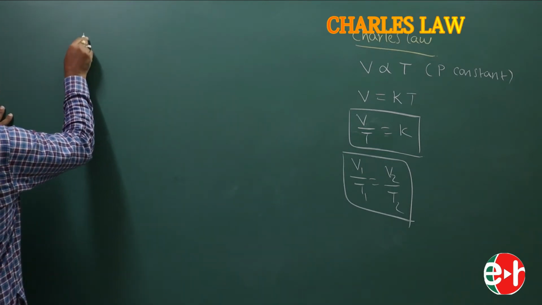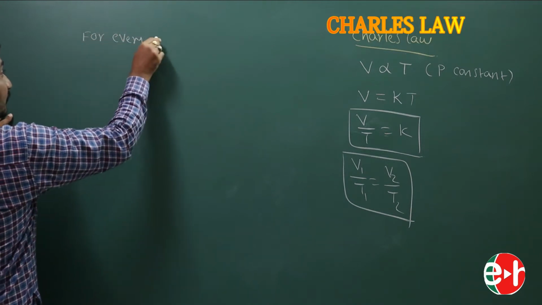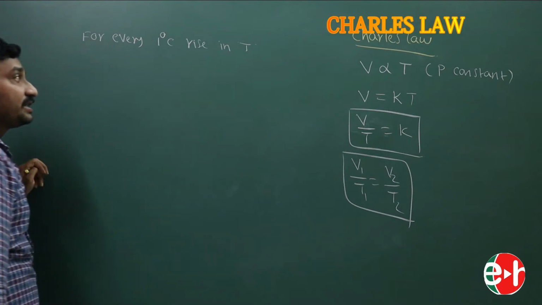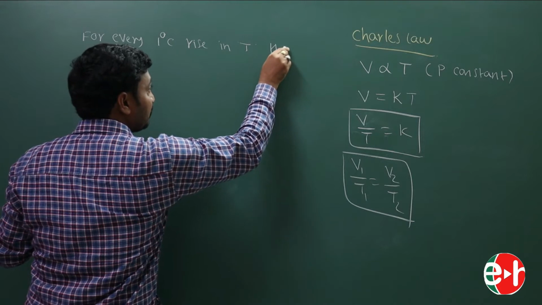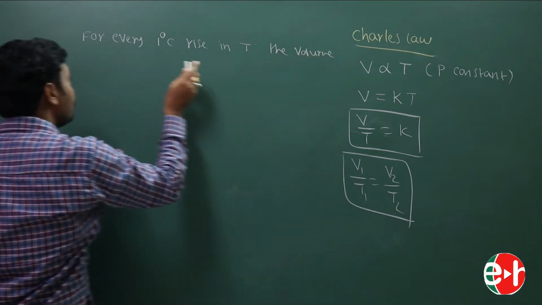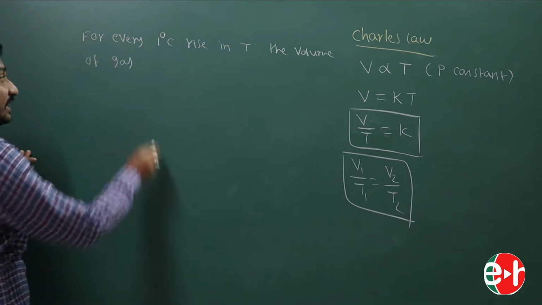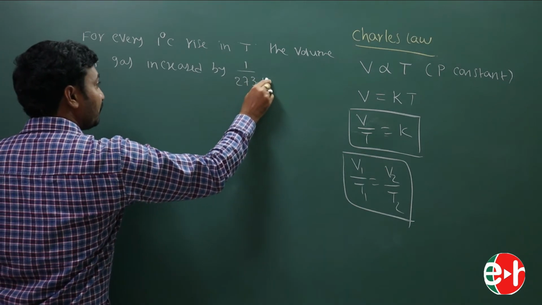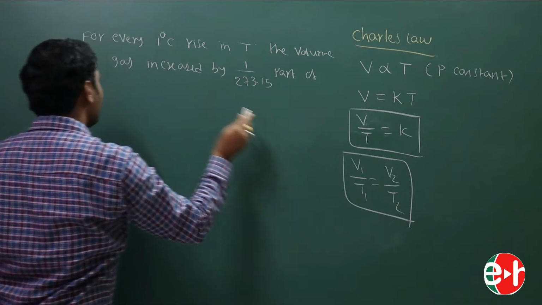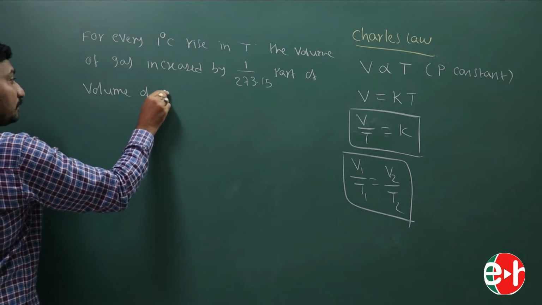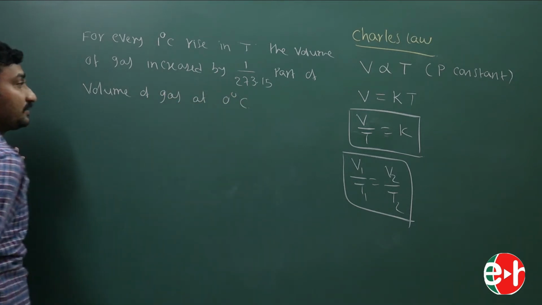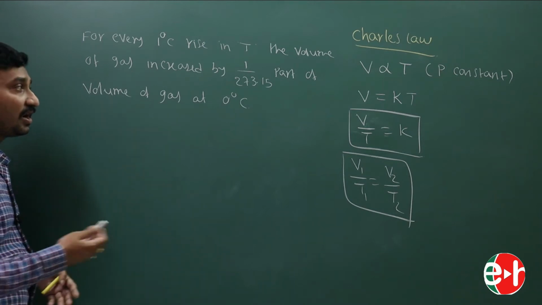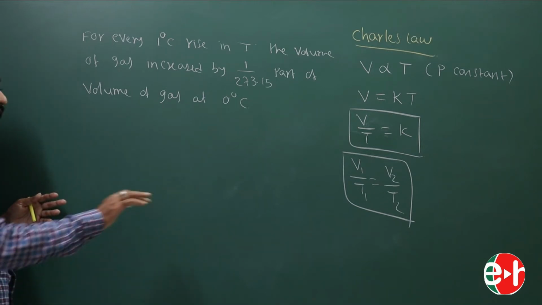Generally, for every 1 degree centigrade rise in temperature, the volume of gas increased by 1 by 273.15 part of the volume of gas at 0 degrees Celsius, or 1 by 273 part of volume of gas at 0 degrees Celsius.